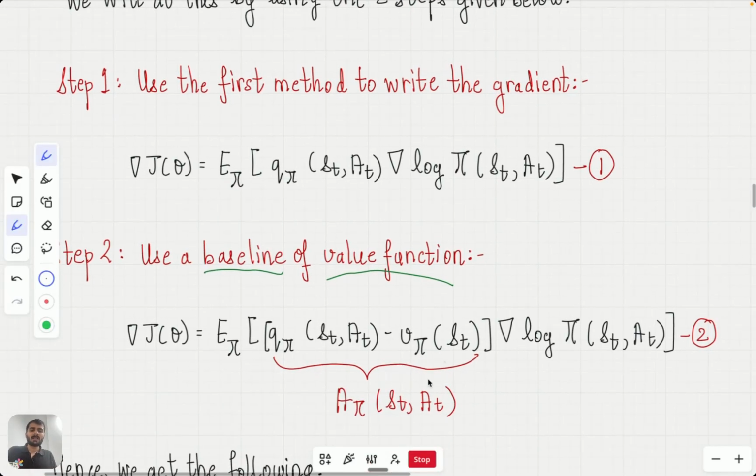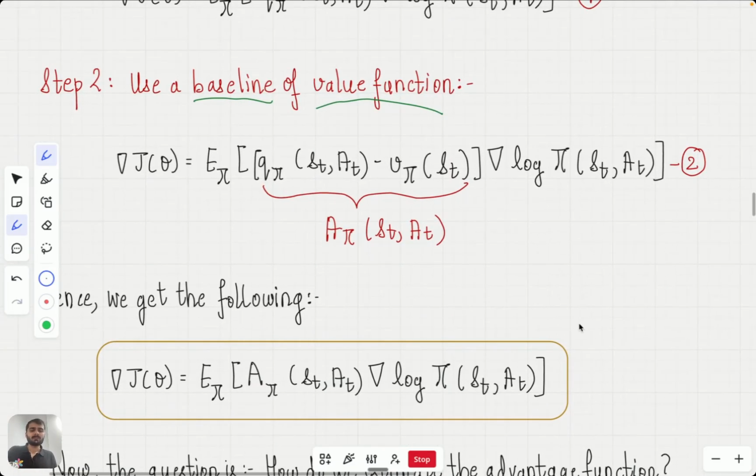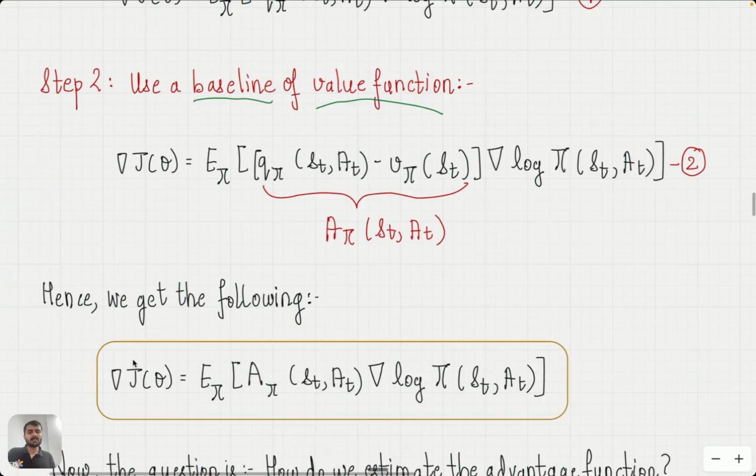So we can easily write down the gradient of the performance measure as the expected value of q pi of st comma at minus v pi of st times the gradient of log of policy, and this is nothing but the advantage function. So we get the following: the gradient of the performance measure of the policy is the expected value over the policy of the advantage function times the gradient of log of policy.